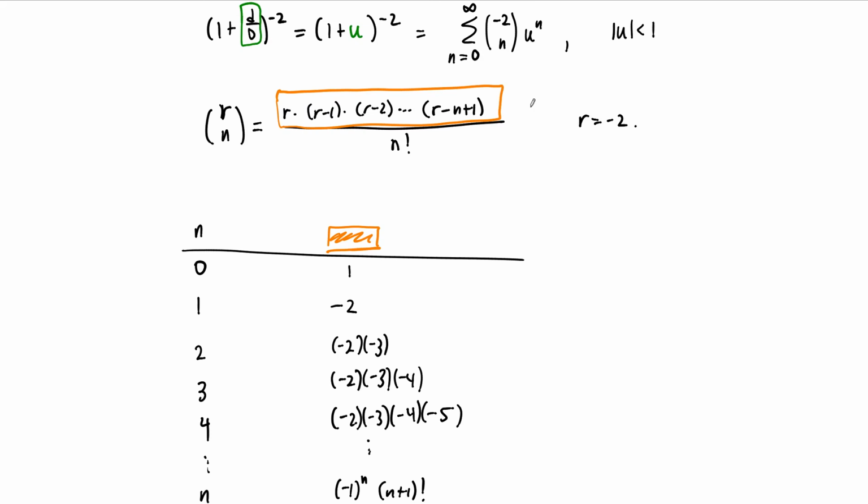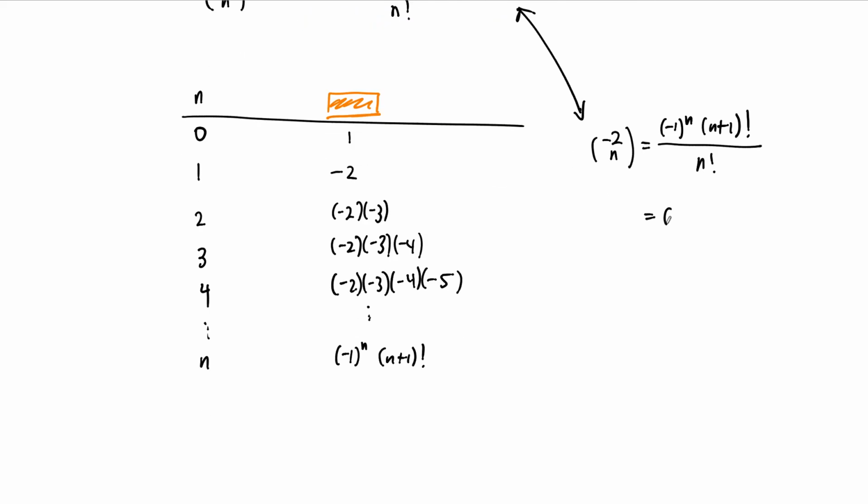And so what that tells us is that if we go back up here to our binomial coefficient, then -2 choose n is equal to the formula we've just worked out, which is -1 to the n times n plus 1 factorial, all divided by n factorial. We can't forget that n factorial, right? And this can then cancel. This becomes -1 to the power n times n plus 1, and the two n factorials will cancel.